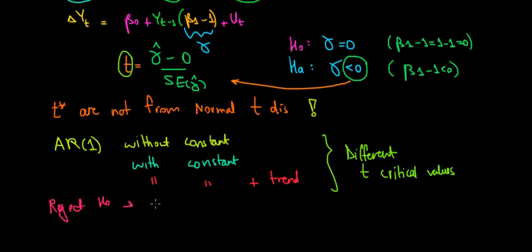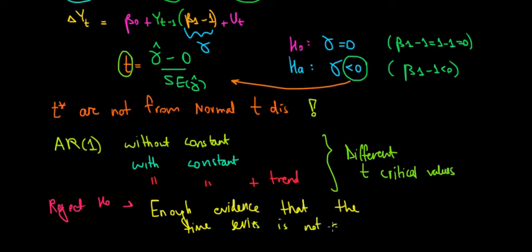We're just going to say that we have enough evidence that the time series is not a random walk. We cannot say that we're completely certain that it's stationary, but we have enough evidence to reject that it is a random walk. Anyway, hope this all makes sense, and we are done.